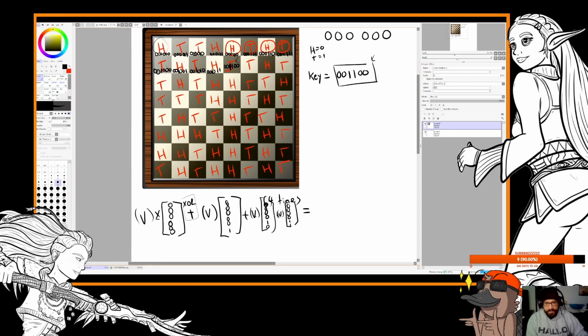So let's assume I'm adding this one and this one, then 1 plus 1 is gonna be 0, 0 plus 1 is gonna be 1, and all of these will be zeros. This is what I'm gonna get if I add these two together, right? I'm just doing addition, but bit by bit.